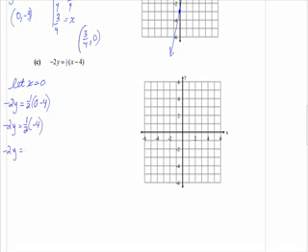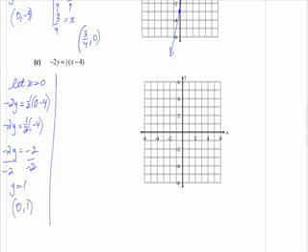Multiply 1/2 times negative 4, we get negative 2. Divide by this negative 2 to get our y-intercept of 1. Write that as a coordinate. And draw your line.